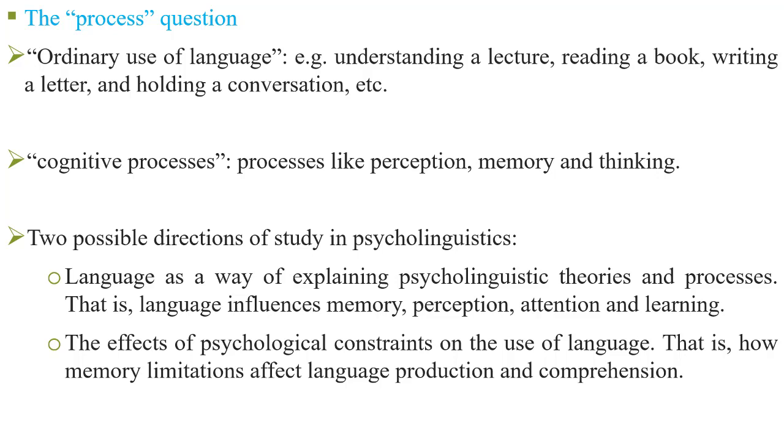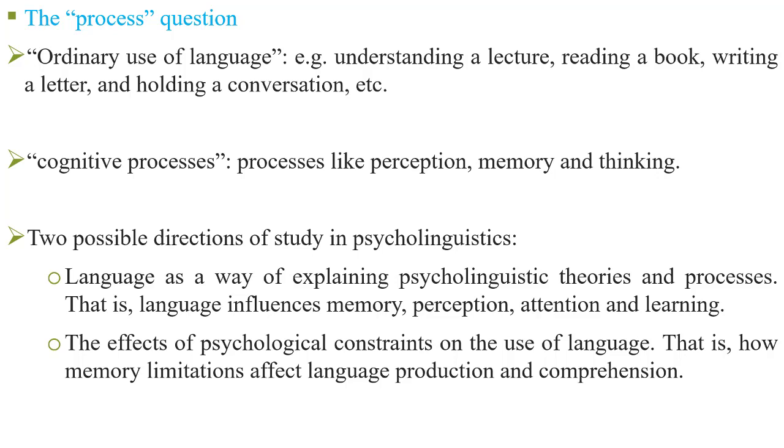These processes are cognitive. We have cognitive processes such as perception. When you understand something, you perceive it, so there is a process of perception that goes on when you use language.